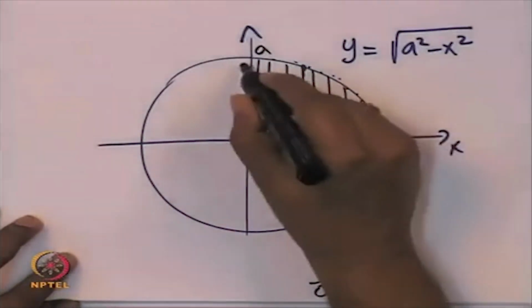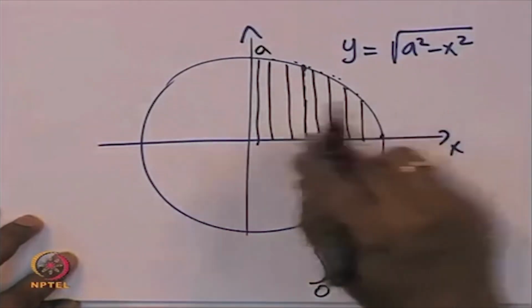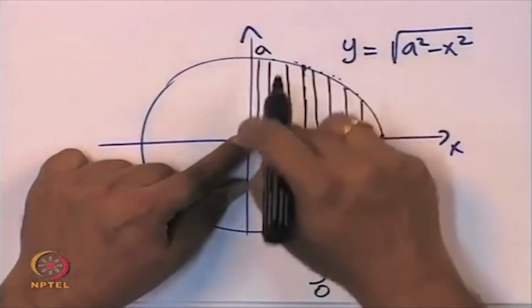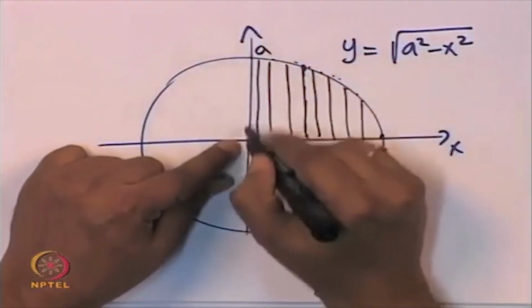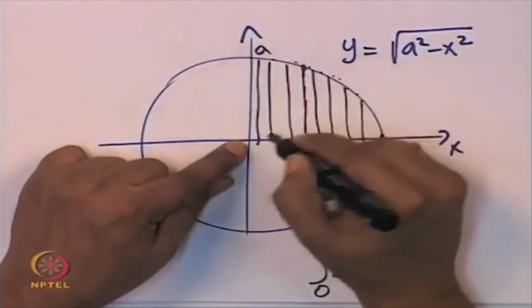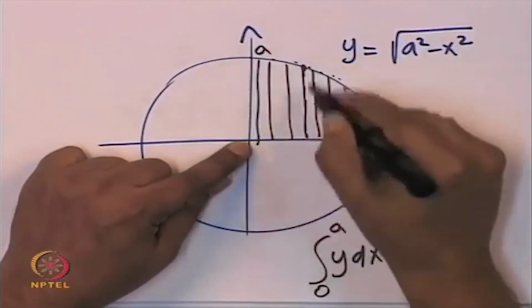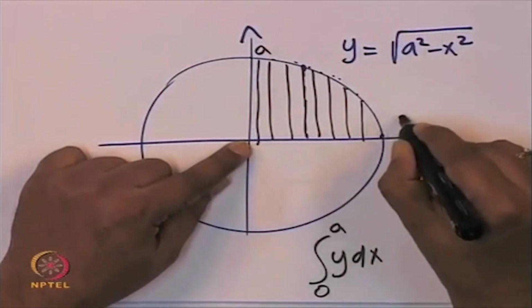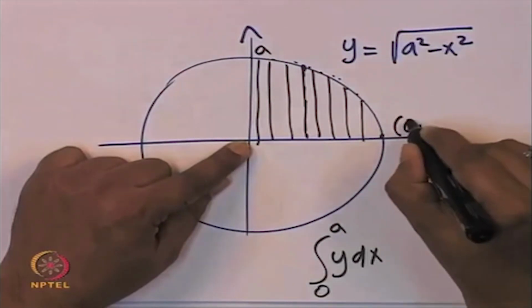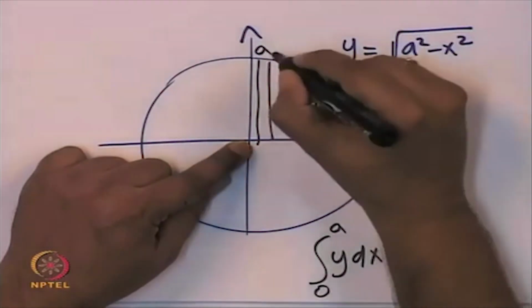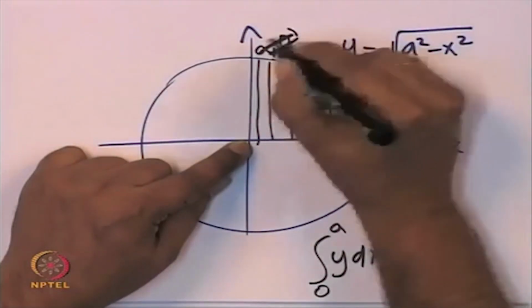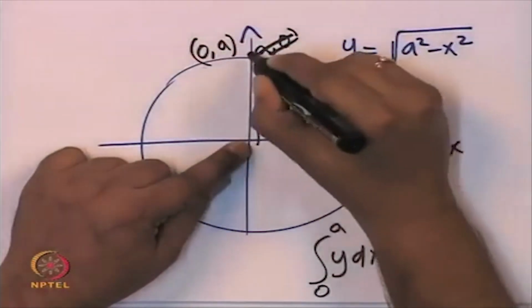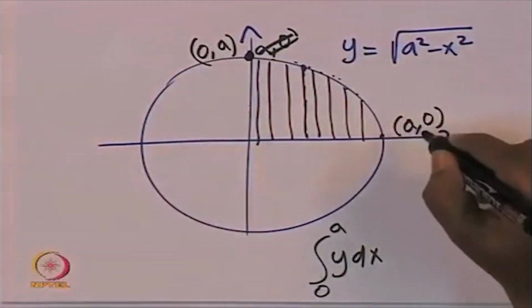Here, x is equal to a and y is equal to 0. Here, x is equal to 0, but y is equal to a. So, this point is 0, a and this point is a, 0.